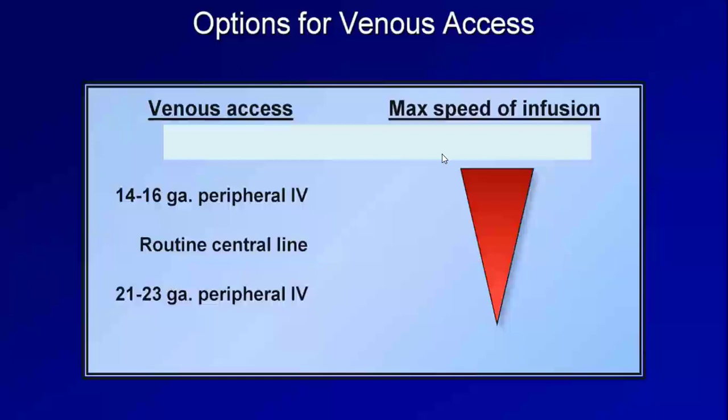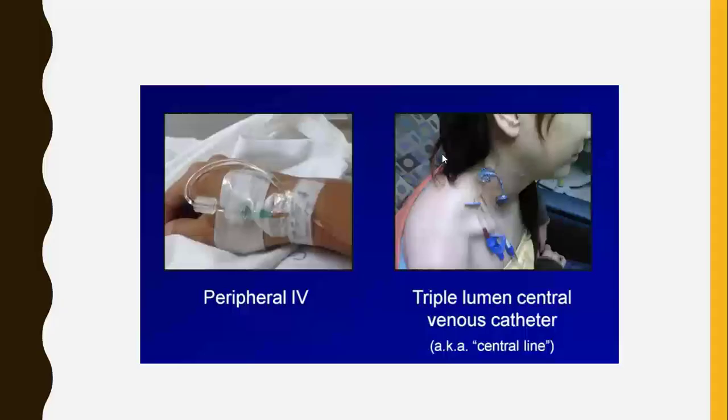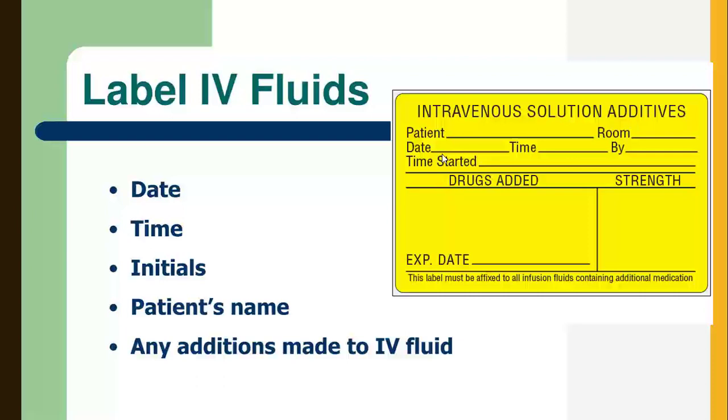The speed of the IV fluid infusion should be appropriate to the caliber of the vein I infuse into, and appropriate to the caliber of the access. So if I am supposed to give a fluid at a rapid rate, I should use a wide caliber vein and a wide caliber IV access.